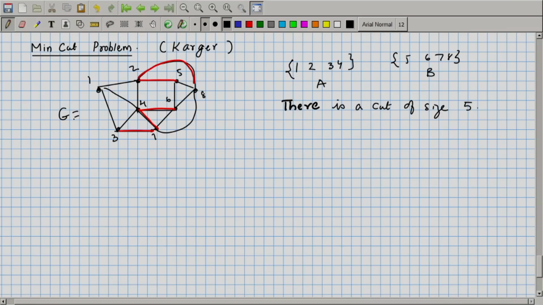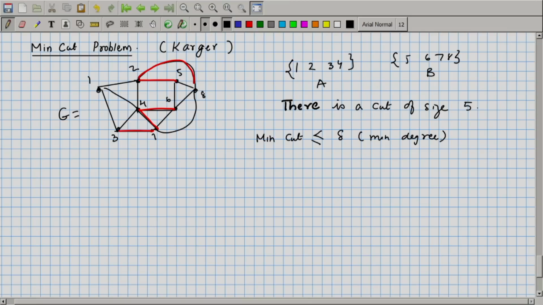And one thing we can say is the min cut size should certainly be no greater than the minimum degree of the graph. So, look at all vertices. The min cut is smaller than or equal to delta, where delta is the min degree.